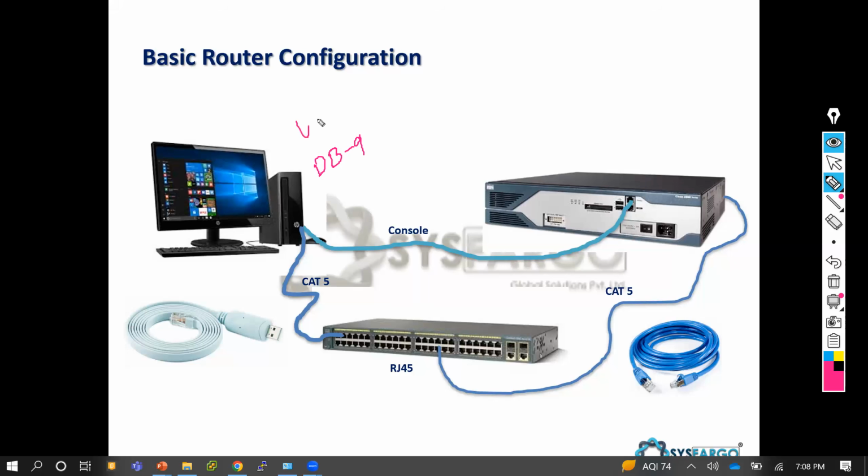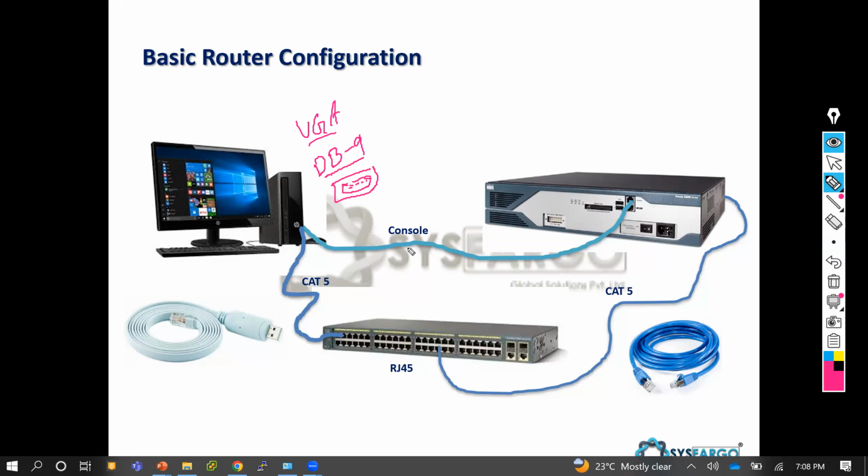That's a VGA cable, Video Graphics Array. Nowadays we have HDMI cable, but still we have the VGA cable. The DB9 connector looks similar to the VGA cable. Yes, some pins you get like this.